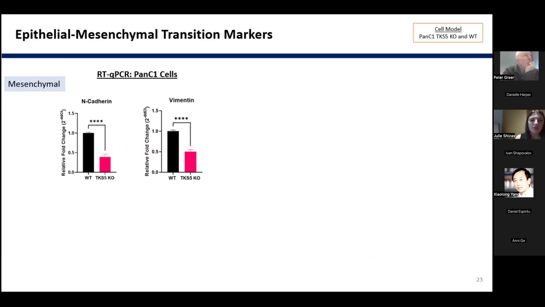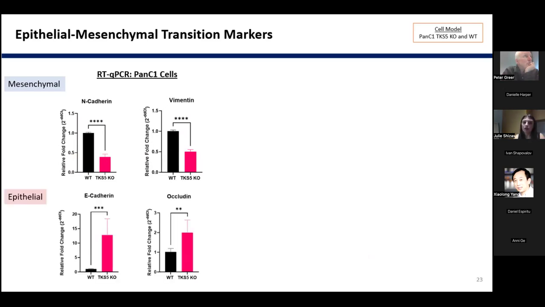This complements what we saw with wild type cells being able to invade more than the TKS5 knockouts. On the flip side, when we look at epithelial markers like E-cadherin and occludin, a cell junction protein, we see that it flips. The TKS5 knockouts have higher expression of E-cadherin, considerably more, and about double the amount of occludin as well.